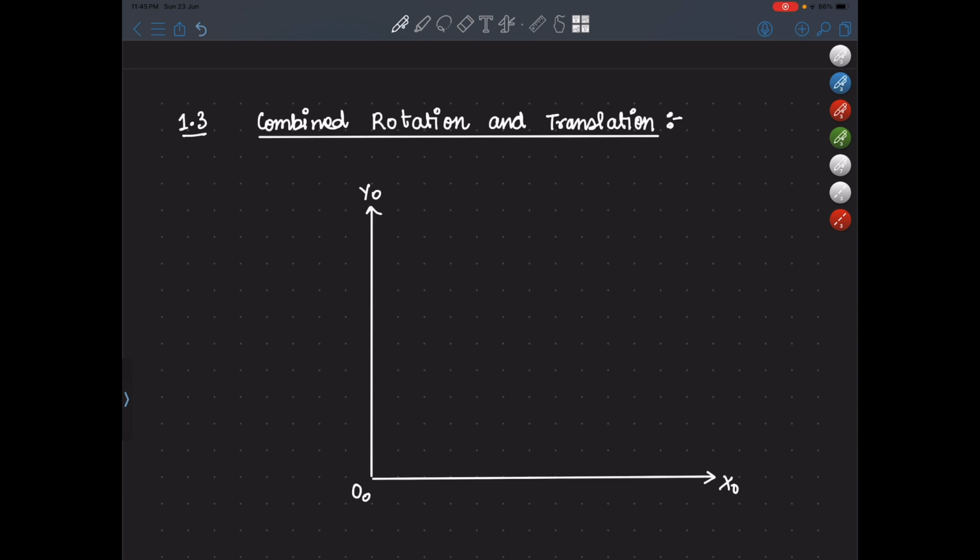And let this be an intermediate green frame, x1, y1, o1, which only represents the translation, and let this blue frame represent both translation and rotation, x2, y2, o2. Let it be rotated by theta. And let there be a point C.